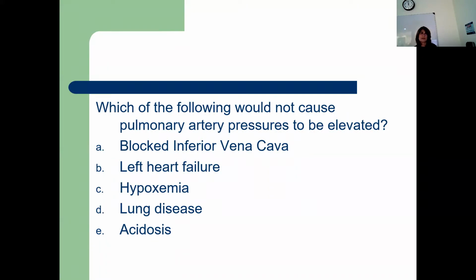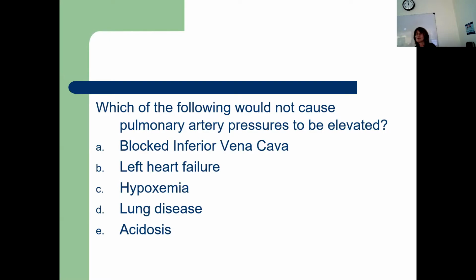What about lung disease? Lung disease could make it harder for the blood to flow to the lungs, and it could also constrict the vessels if it's hypoxemia. So that'll make the pressures go up, so we can't choose that one either. What about acidosis? Do you remember the effect of acidosis on the pulmonary vessels?